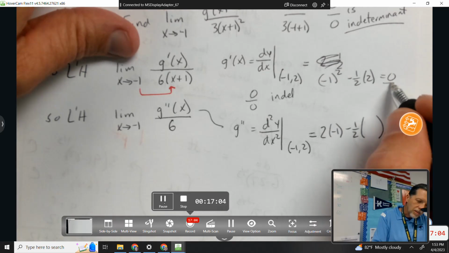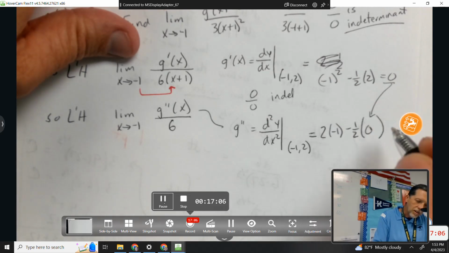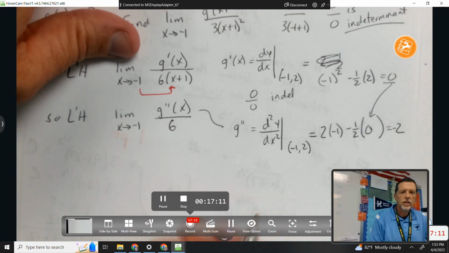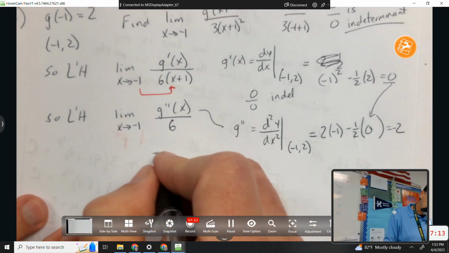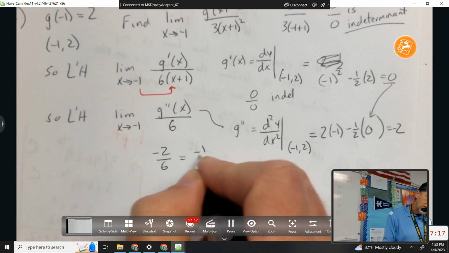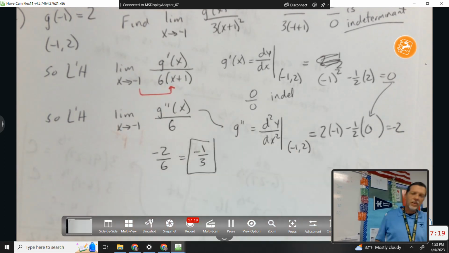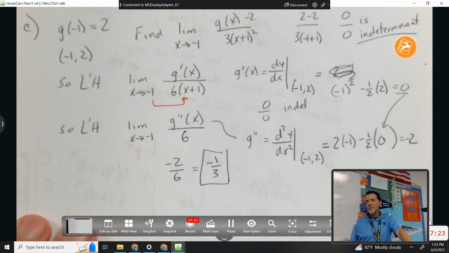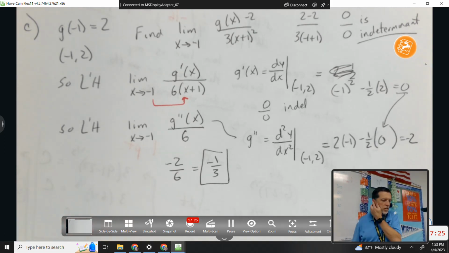Yeah, that was 0. So -2 is the top. So -2 over 6 is -1/3. Yay! And we still have one more part, but L'Hopital was that.